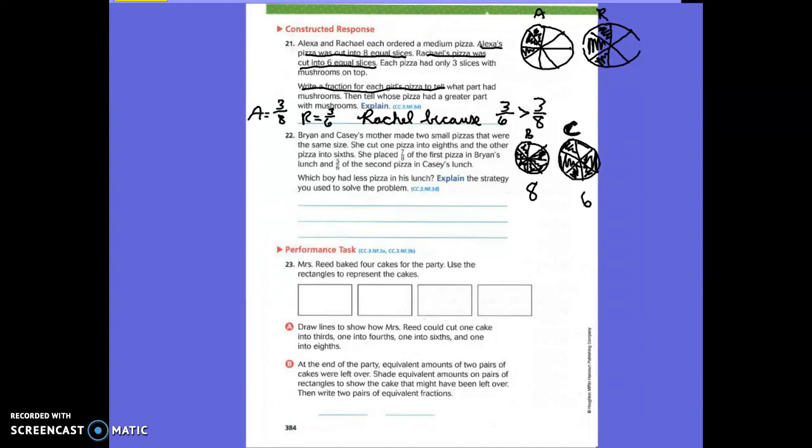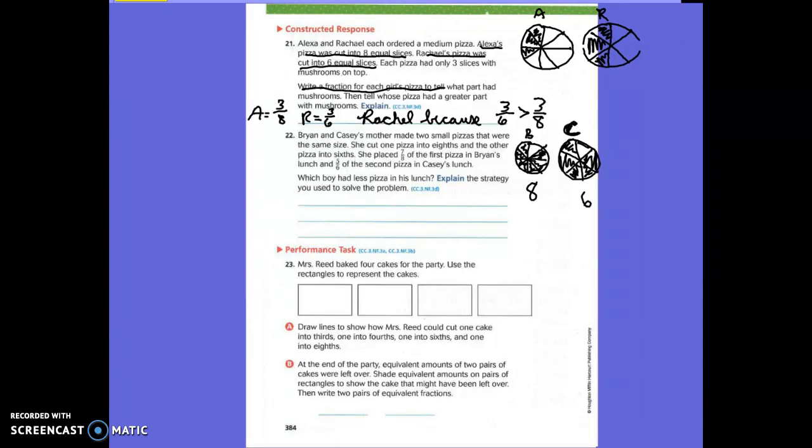Okay, that's not why though. Because Brian is cut into 8 and Casey's is cut into 6, so 8 has more pieces and 6 has less pieces. Nope, that's not why.